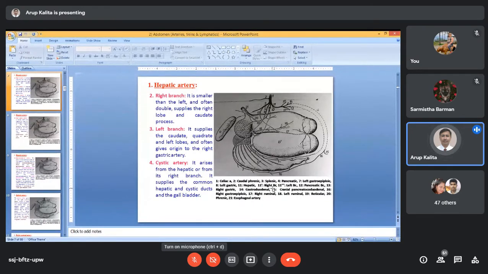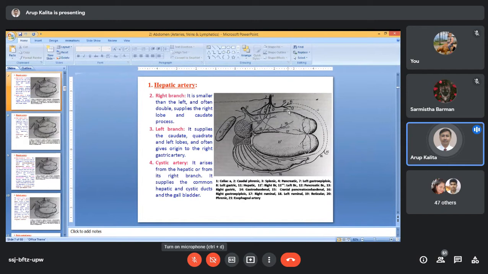This one is the right branch. Here the liver is located. This position is the liver. So the right branch is going to the right lobe. Then this branch will go to the left lobe of the liver.